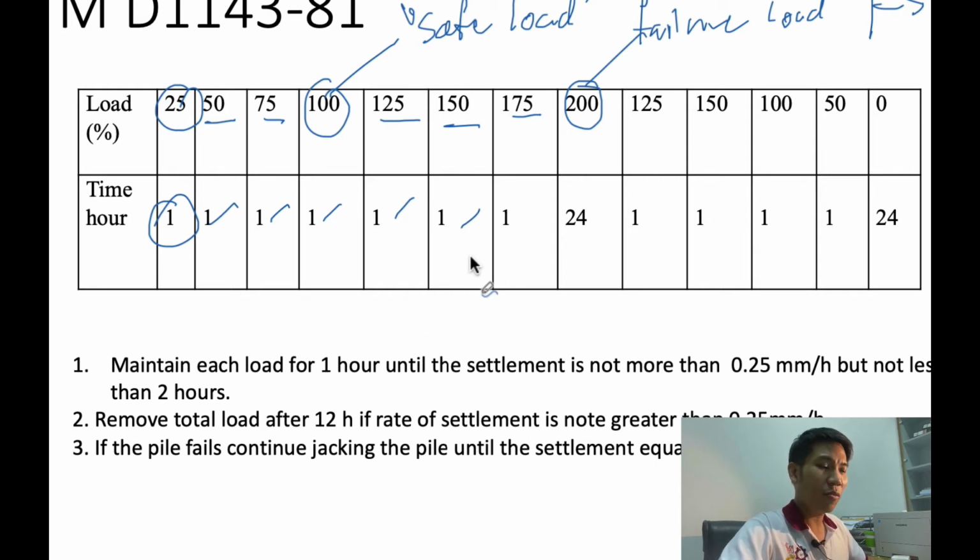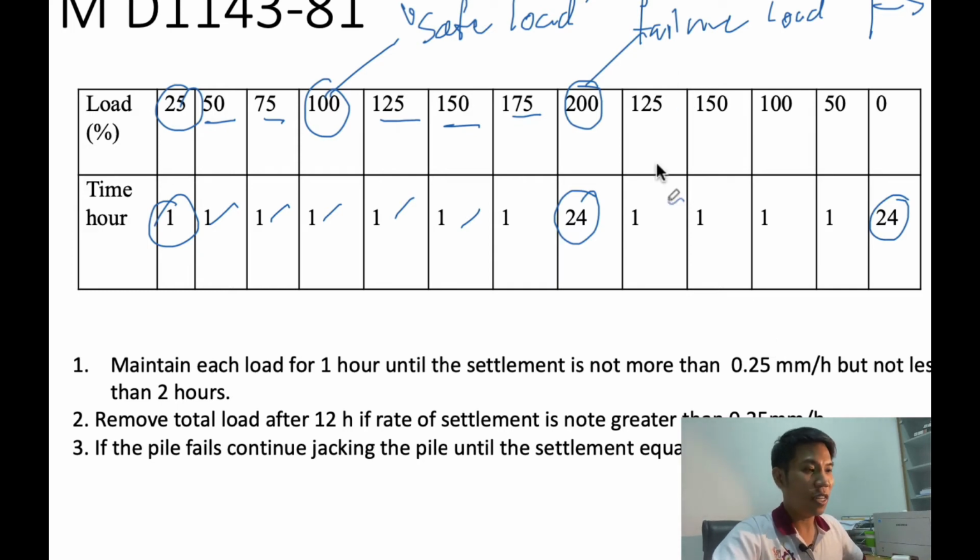After you increase to about 200%, you have to maintain the load for about 1 day, about 24 hours. After that, you unload and wait another 24 hours. That means if you test to the ASTM standard, it takes a really long time, maybe almost 3 days.